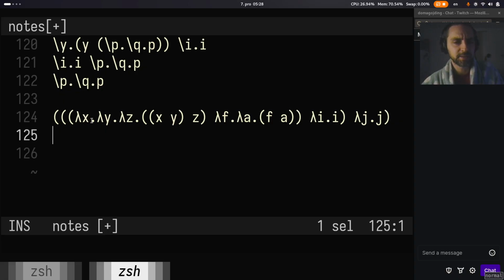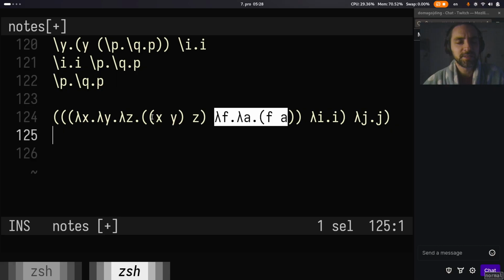Lambda x, lambda y, lambda z, and then inside we have this, and then lambda f. This is on the same level as this. Lambda f dot lambda a, f a. This is our apply function here, right? Look at this. This is our apply function, and this is our make pair function.